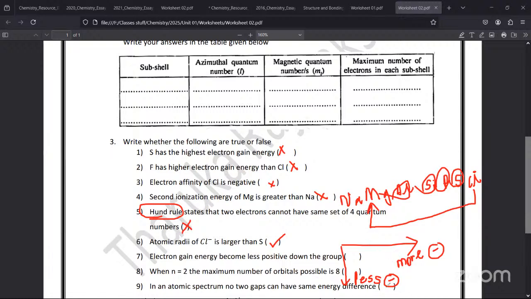When you go down the group, adding an electron becomes harder because the electron cloud gets bigger and bigger. Because electron gain becomes harder, it is less exothermic.